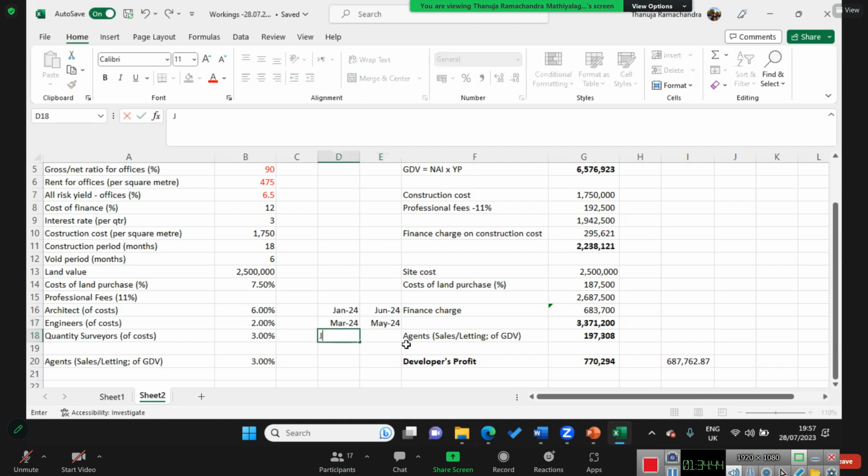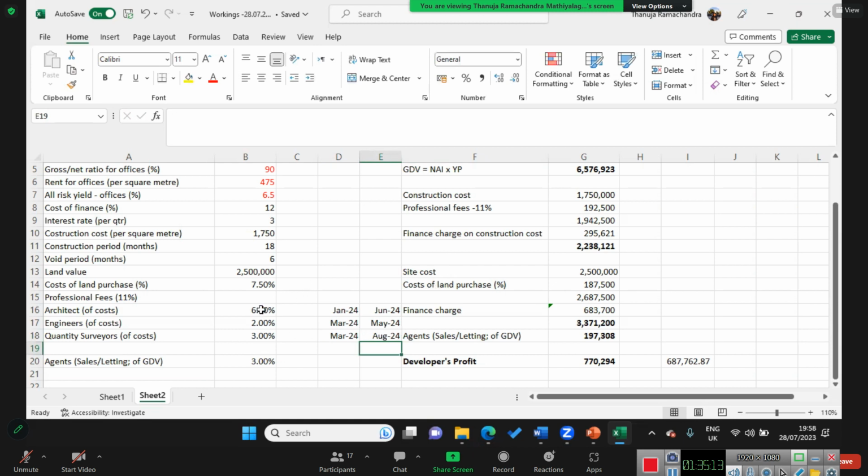The QS may be starting, if we invite them in the middle of the design stage, somewhere around March 24, and they might prolong even after the architect completes. So let's say up to August 2024, something like this, right?